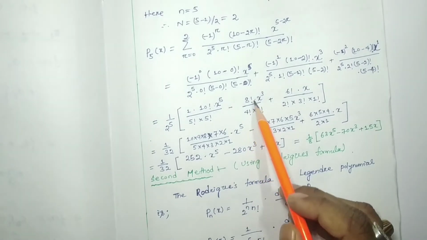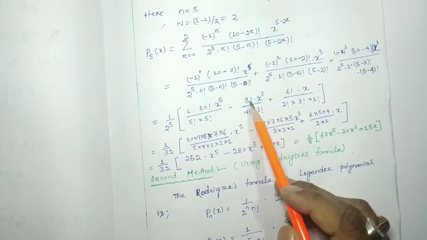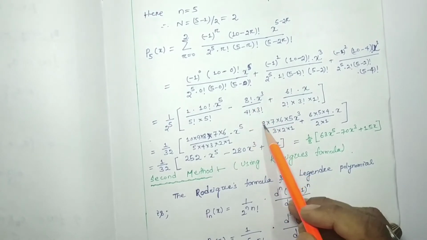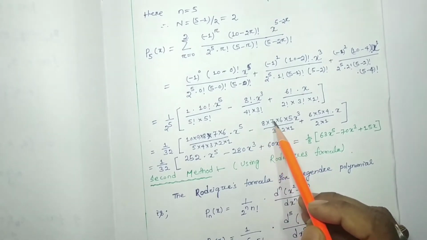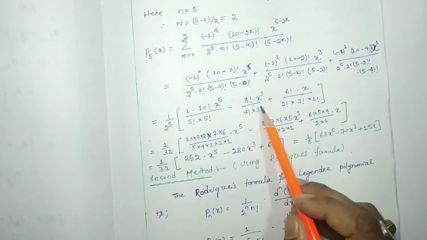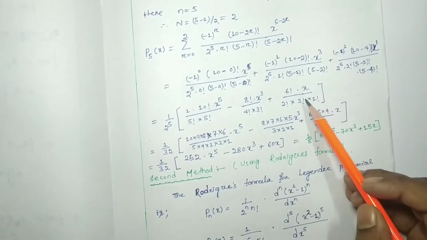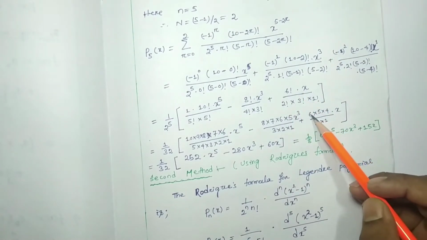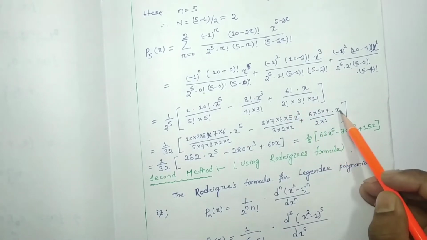Here 4! is cancelled with 8!, so in the numerator we get 8 into 7 into 6 into 5 divided by 3 into 2 into 1. Next 3! is cancelled with 6!, so we get 6 into 5 divided by 2 into 1, into x.